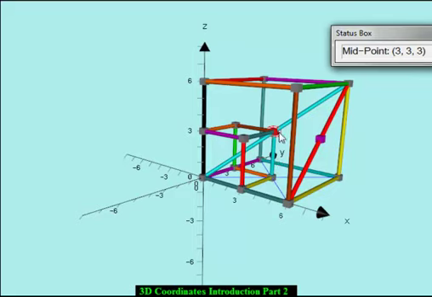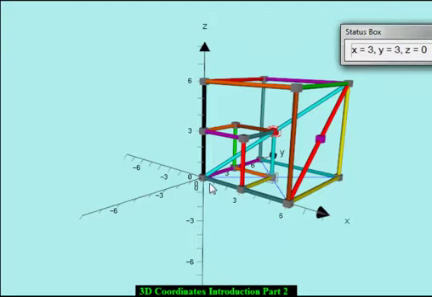Okay? I hope that helps to see it. And if you wanted to come to this point here, you come 3 along the x-axis, 3 parallel to the y-axis, but you don't go up to that point there.